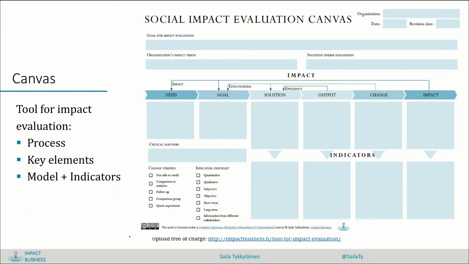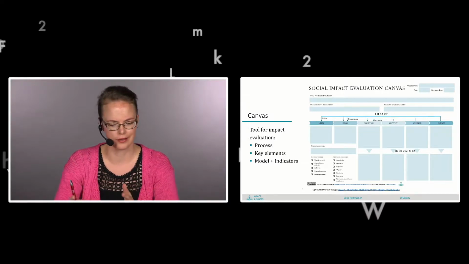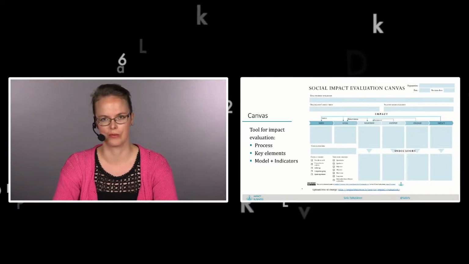And we will use mainly this social impact evaluation canvas. I developed this tool because I kept receiving these questions and anxiety. Well, okay, so we have to evaluate our impact, but where should we begin? What should we do next? And how am I ever going to build a good impact model? What are the ingredients or building blocks of good impact models?